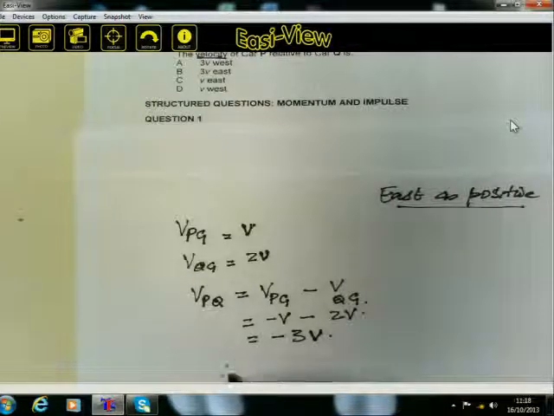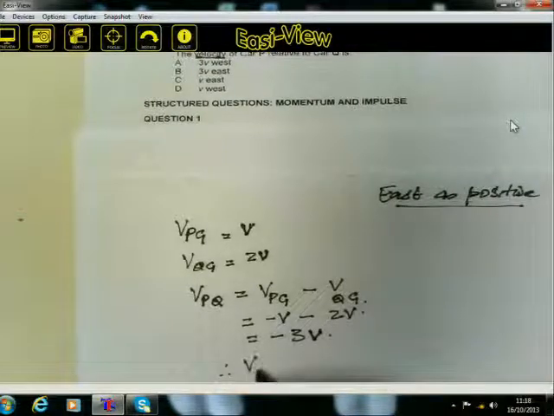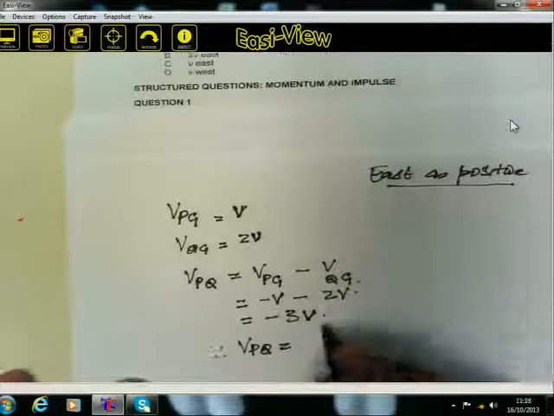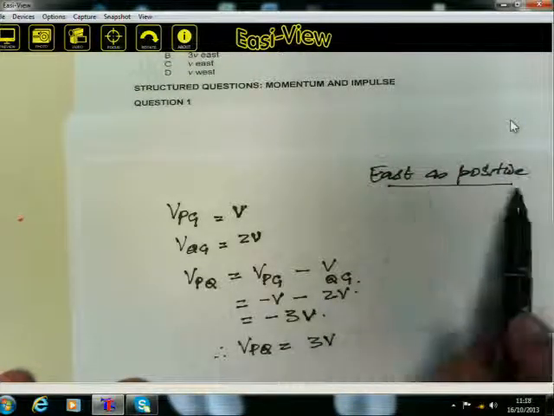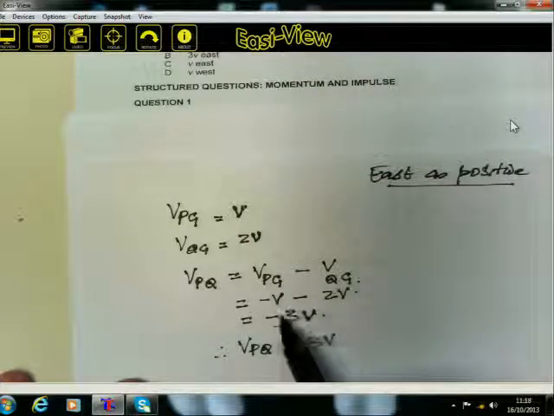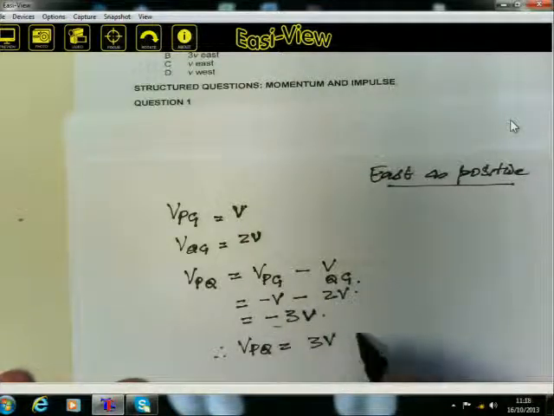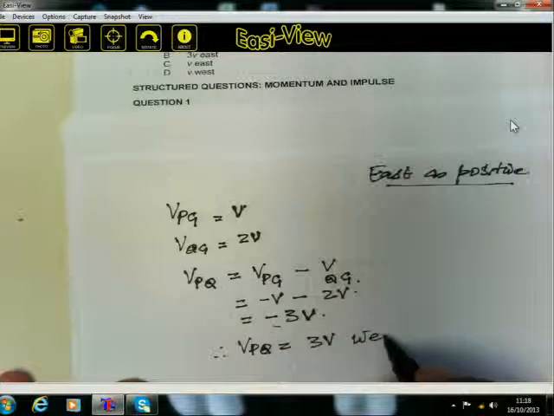Of course, we have to interpret that V PQ is equal to negative 3v. But we said east is positive, then negative means west, so it will be 3v in the direction west.